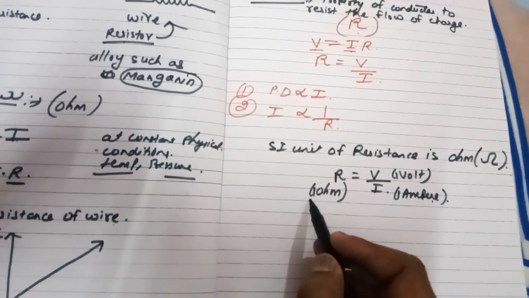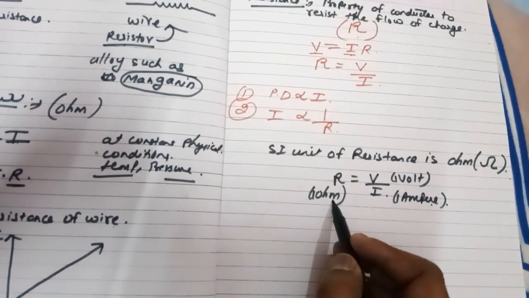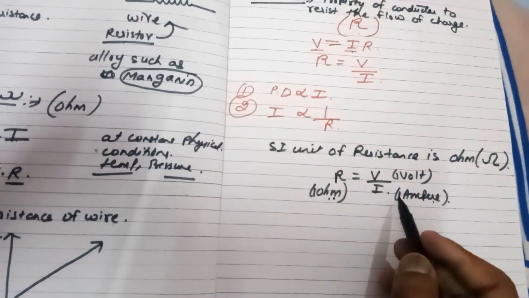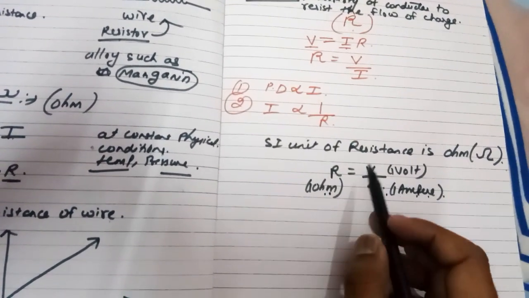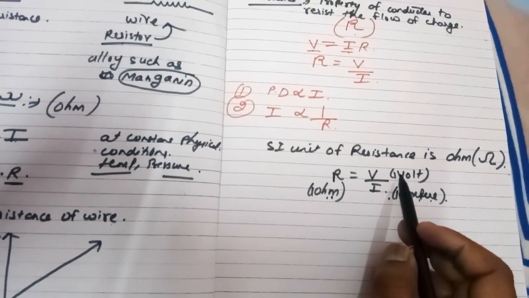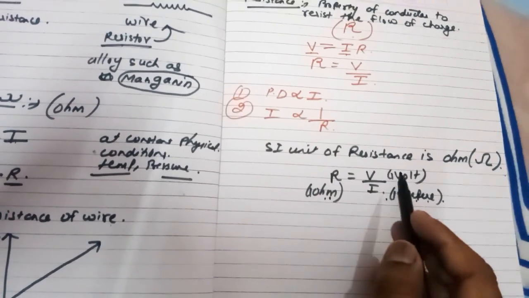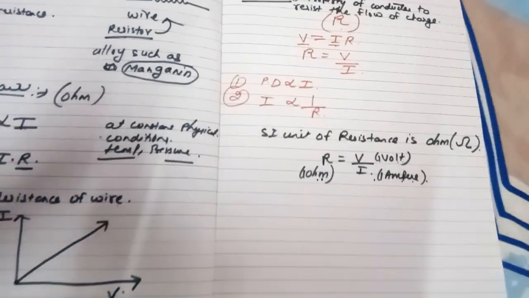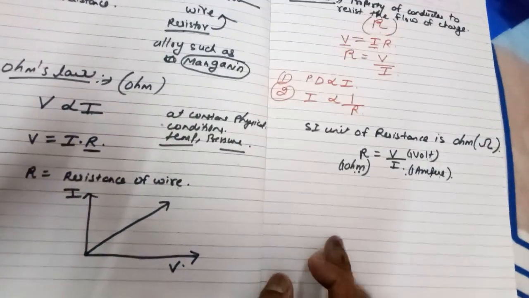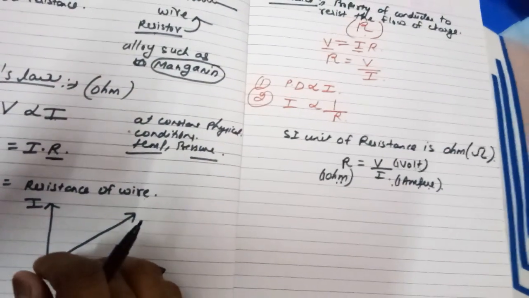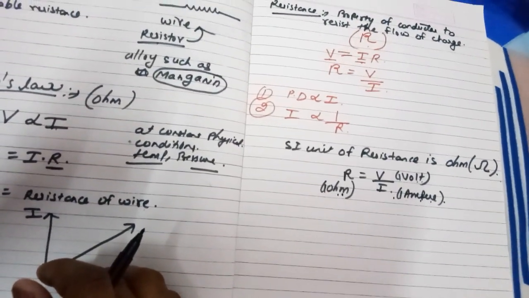Okay, 1 ohm resistance is that when the current flowing through a conductor is 1 ampere and the potential difference between 2 points is 1 volt. Now this is all about the resistance.